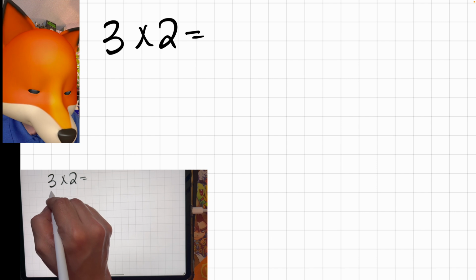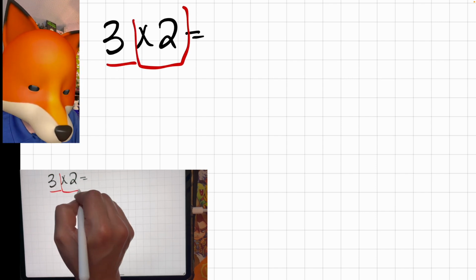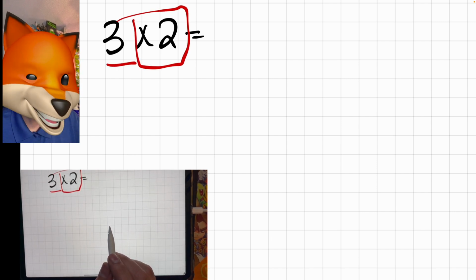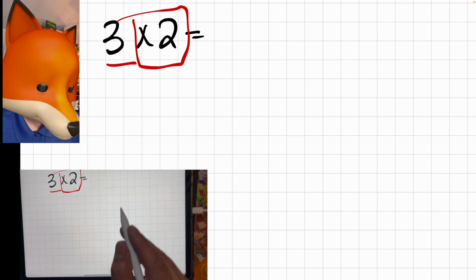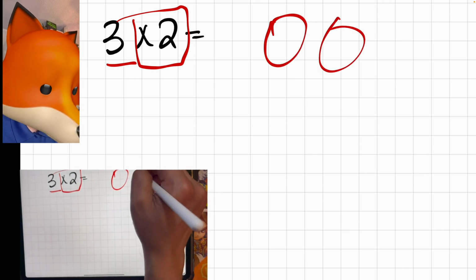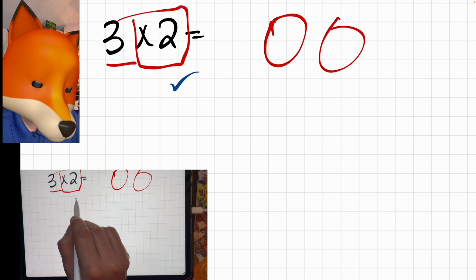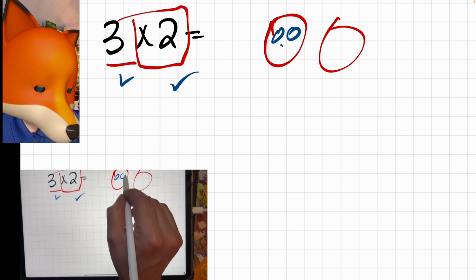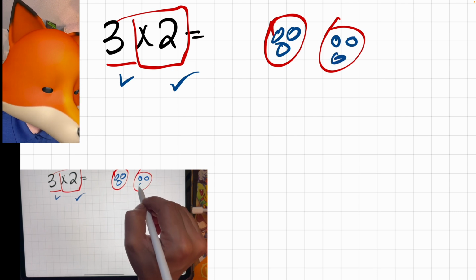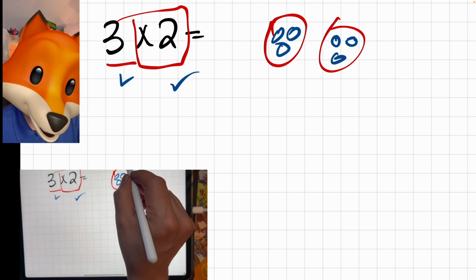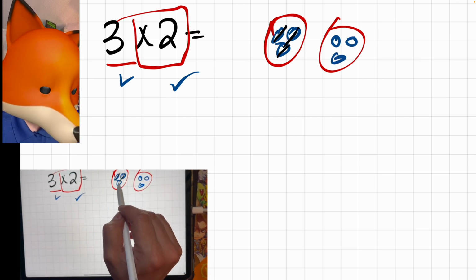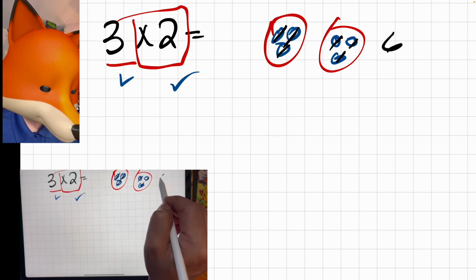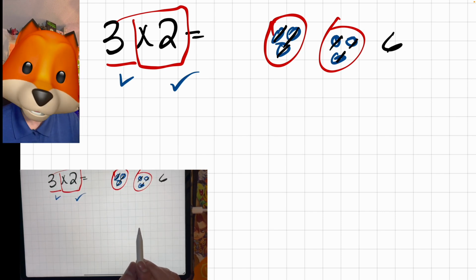We're going to look at it as 3, 2 times. It should be the same thing. That's a fact family. So 1, 2. There's my 2 times. And each one is going to get 3. 1, 2, 3. 1, 2, 3. All right, let's count the total. 1, 2, 3, 4, 5, 6. 6. All right, that was pretty simple.